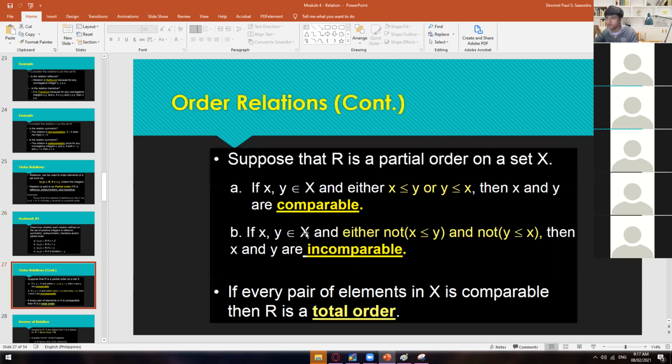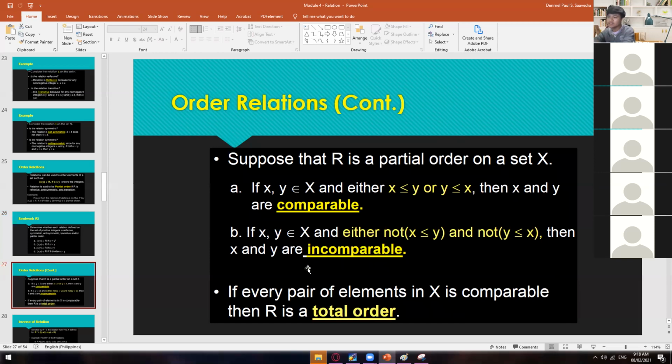All right. So let's move on to the order relations. Suppose that R is a partial order on a set X. If x and y are elements of X and either x is less than or equal to y or y is less than or equal to x, then x and y are comparable. Vice versa, if we don't have that condition, xy and then yx, then that one is incomparable.